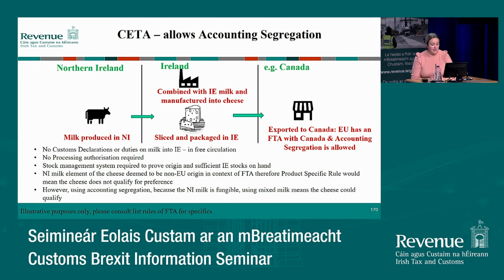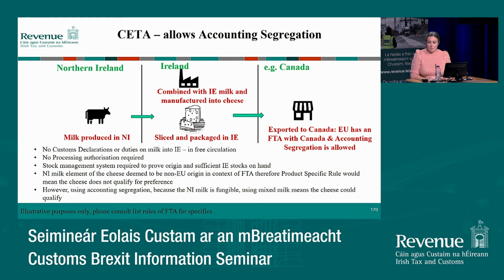But if you are using accounting segregation, and you can prove the things we just spoke about, because the Northern Ireland milk is fungible, then using the mixed milk would allow that cheese to qualify. And again, you do need to prove all of these things. So if you are considering using this method, you would need to keep quite detailed records.